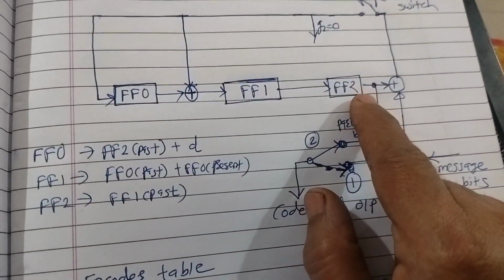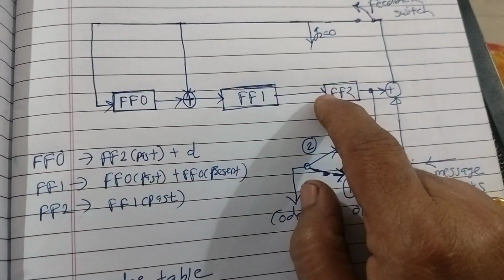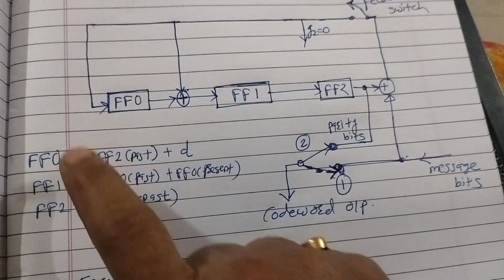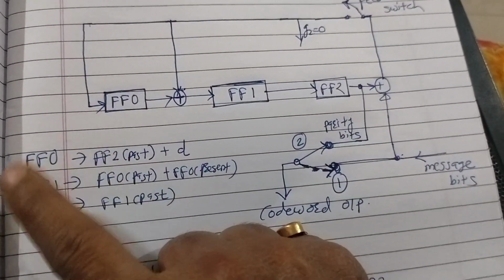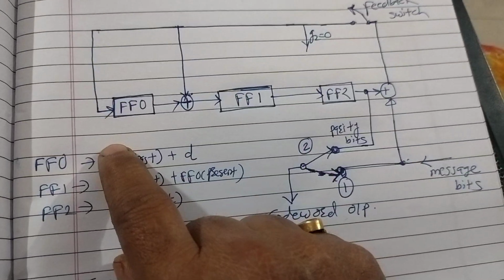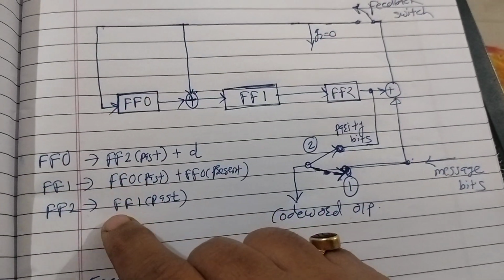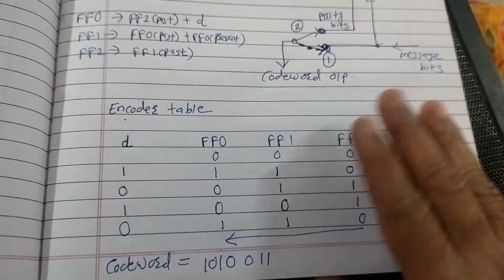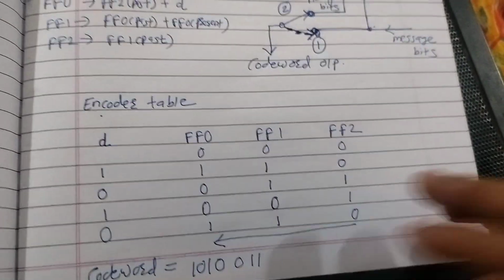Then flip flop 2 is flip flop 1 past. These are present outputs: flip flop 0 present, flip flop 1 present, flip flop 2 present. So this is the encoder diagram. You will get to know it very well with this table.